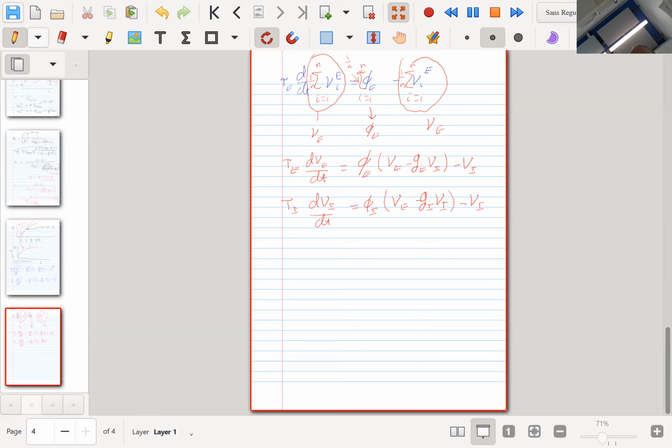And this, of course, is an E. So these are our equations.